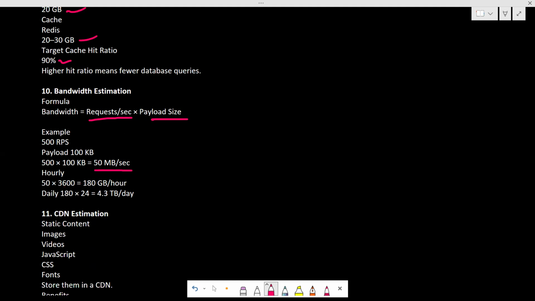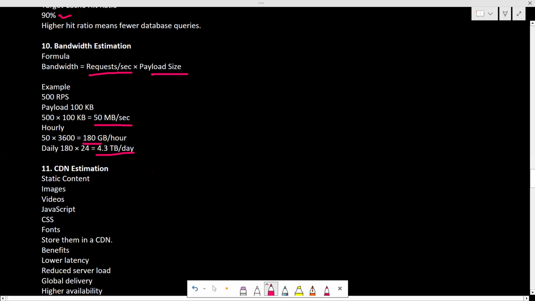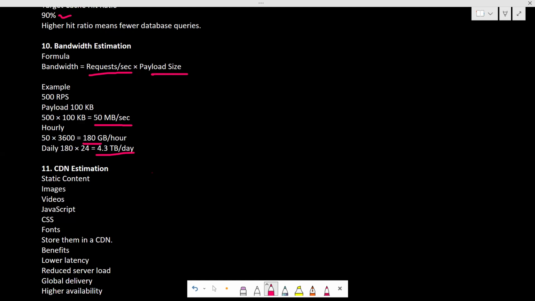Hourly, you multiply it by 3600, which is approximately 180 GB per hour, and on a daily basis you multiply by 24, which is approximately 4.3 TB per day. So bandwidth estimation is especially important for streaming services and media heavy applications like Hotstar, Netflix, like that.